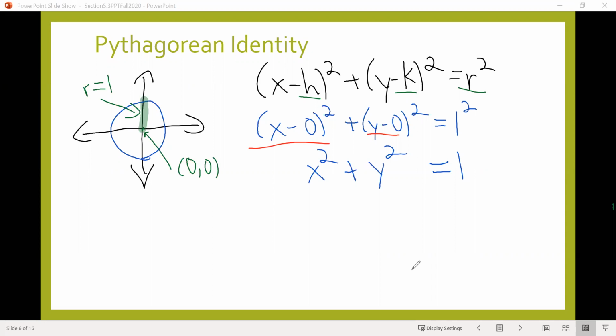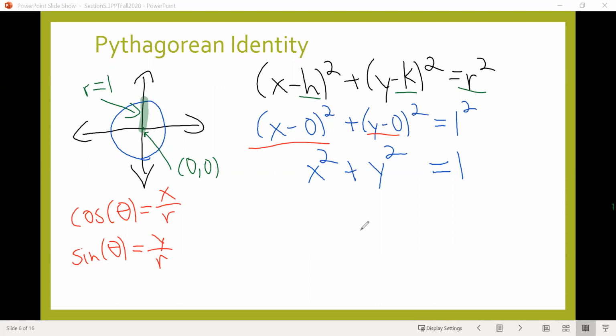Now, another thing about the unit circle, if we think at a particular angle theta, we saw in our previous video that the cosine of that angle is equal to x over r, and the sine is equal to y over r, where x and y are the points where the radius meets the circle when it rotates around an angle of theta.